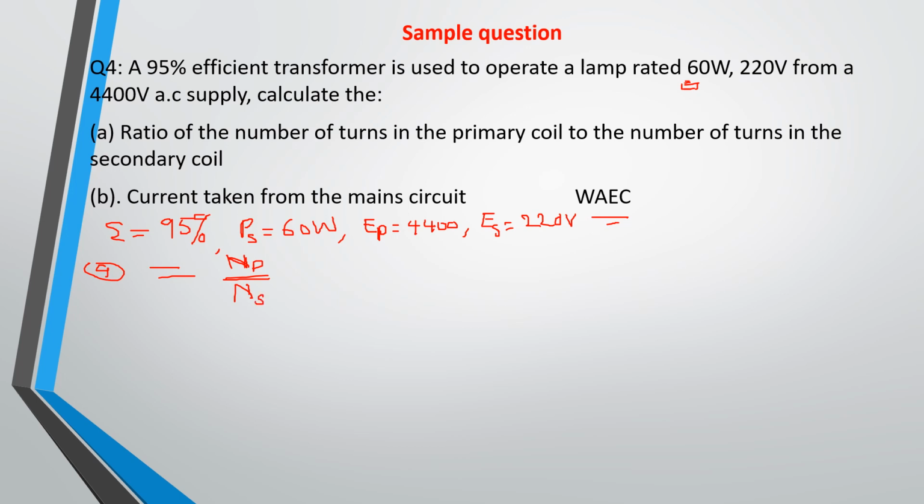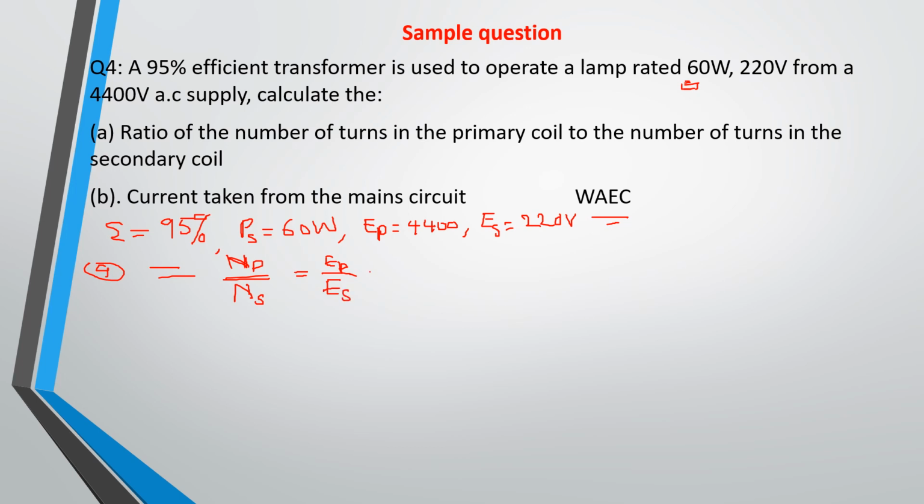So number of turns in the primary all over number of turns in the secondary will give us 2, 4. Remember that we've used this equation to solve a problem before. Okay, we used it to solve a problem before, so please try to remember this.